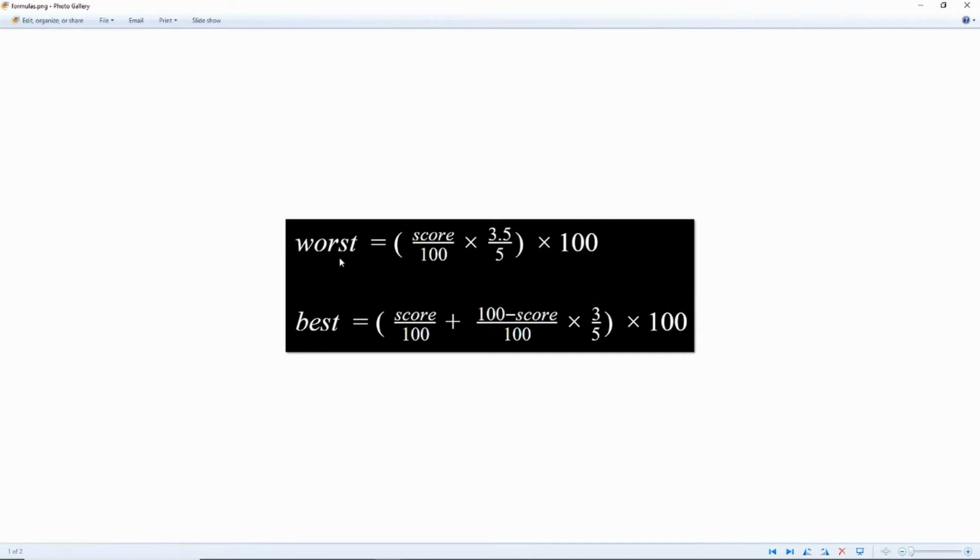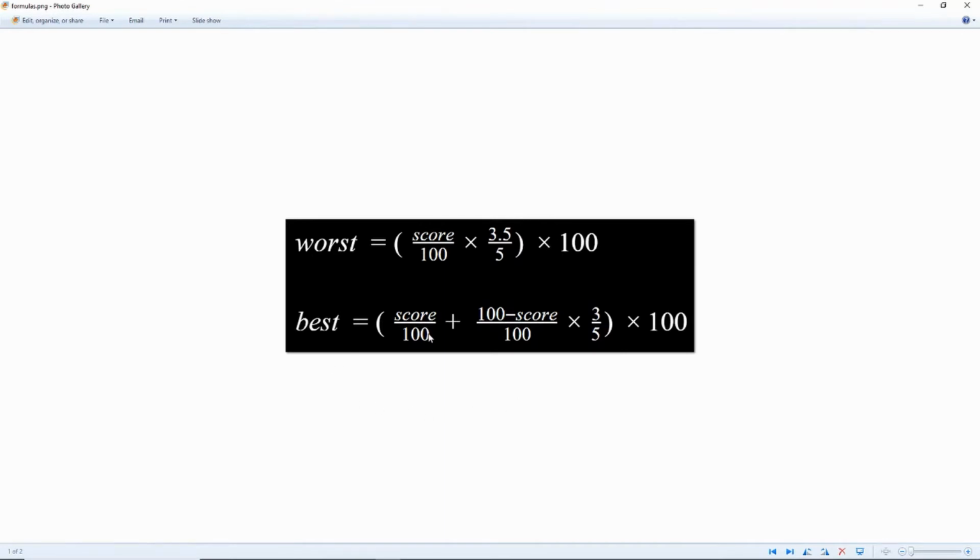The worst score formula assumes that all the scores above 3.5 stars are 3.5 star reviews. So the worst possible above average score according to Rotten Tomatoes, right? And all the scores below 3.5 stars, I just assume them to be 0, right? So there's no term here.